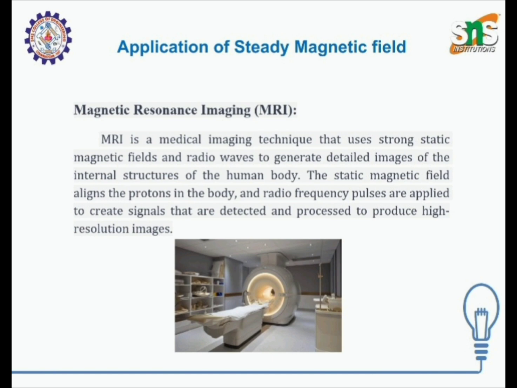It is a medical imaging technique that uses strong static magnetic fields and radio waves to generate detailed images of the internal structures of the human body. The static magnetic field aligns the protons in the body, and radio frequency pulses are applied to create signals that are detected and processed to produce high resolution images.